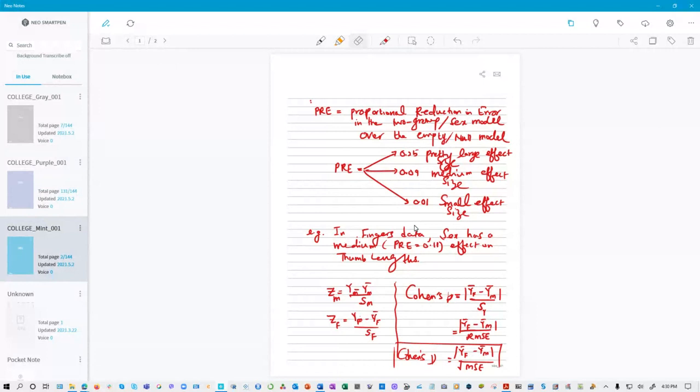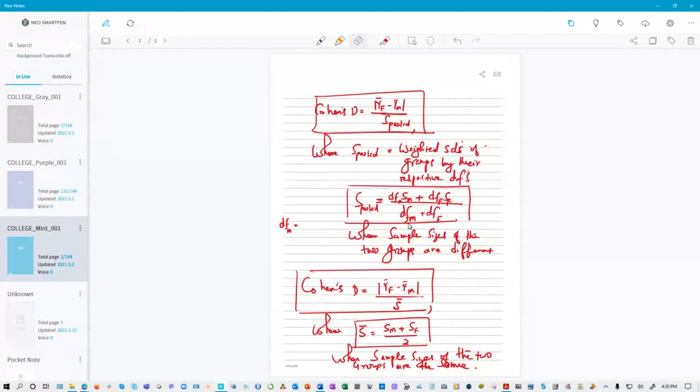One is using RMSE, or the other one is using s pool. If you want to use the pooled degrees of freedom, you know the degrees of freedom of each group. Degrees of freedom of female means the number of females minus 1.